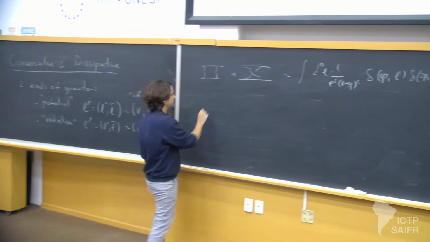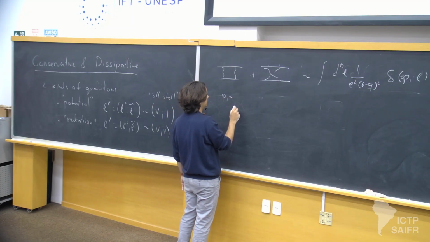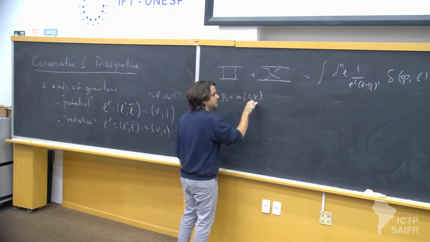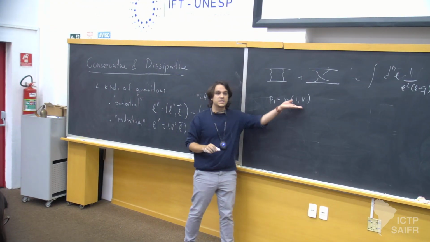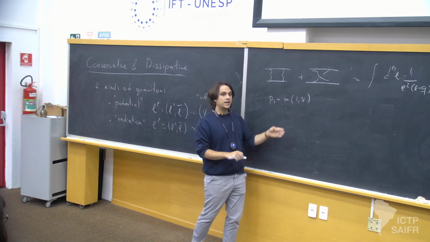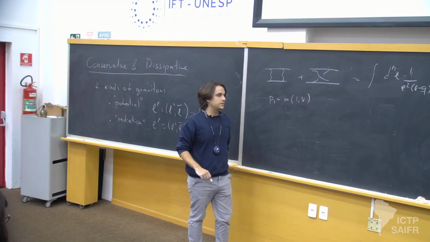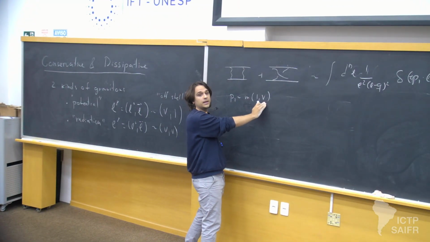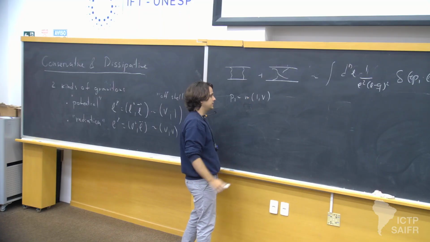But for small velocities, p1 goes like m(1, v). This is just an expansion. The energy starts as m, but the kinetic energy is further suppressed in the velocity. The momentum is mv at leading order, whereas the relativistic energy just starts like m.